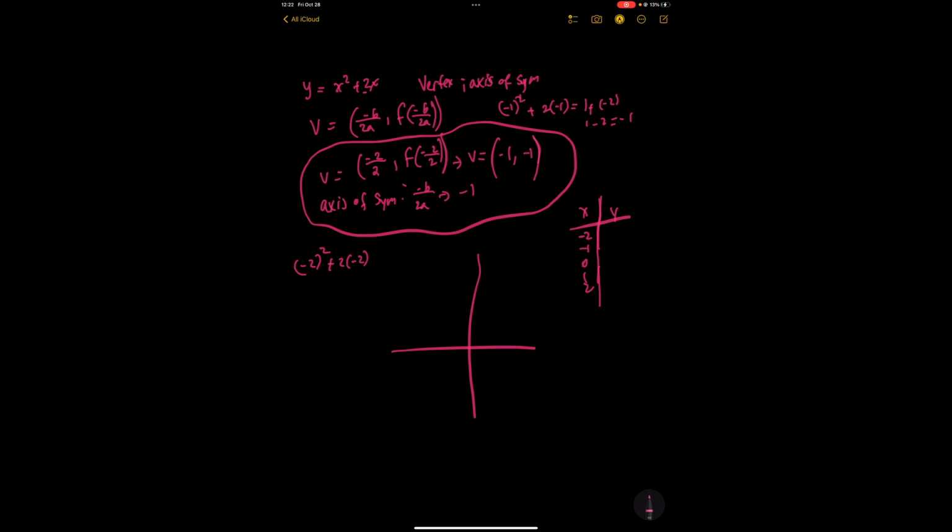So basically that's 4, and 2 times -2 is -4, so 4 minus 4 is equal to 0. -1 for x will be -1 squared plus 2 times -1, which is 1 minus 2, which is equal to -1. 0 would be 0 plus 0, which is 0.